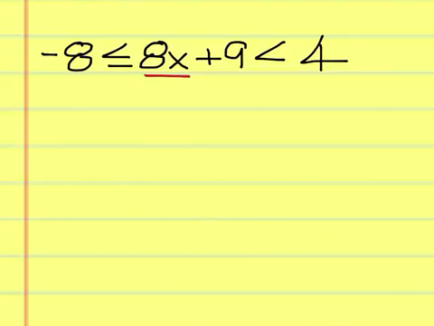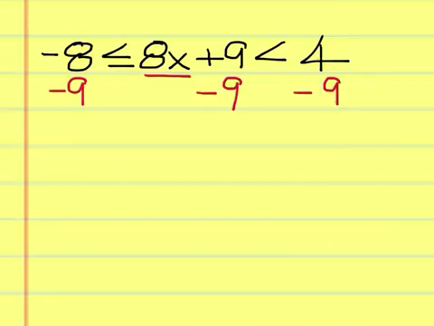Do the opposite of plus 9, which is minus 9, but do it in all three areas. This is one whole expression. All we're doing is taking 9 away from it. But if we do it here, we have to do it there. You do not subtract 9 from 8x. You can't do that. We're just getting rid of this plus 9. Subtract here, but as well as here and here.